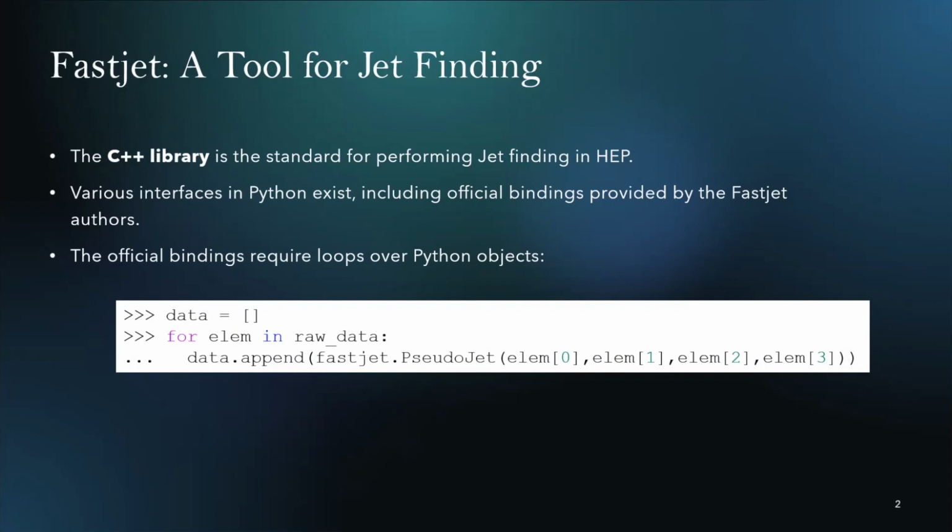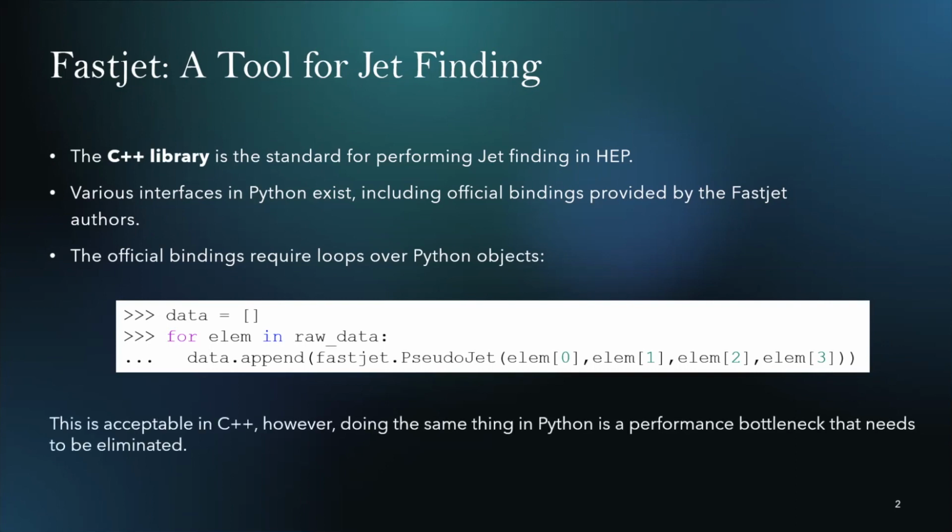If you want to construct a list of pseudojets, you have to go over the raw data in a Python loop. While this is acceptable in C++, it's a problem in Python because of the performance bottleneck that it presents. So we would, of course, be better off by eliminating it.